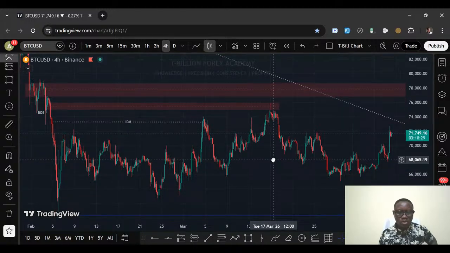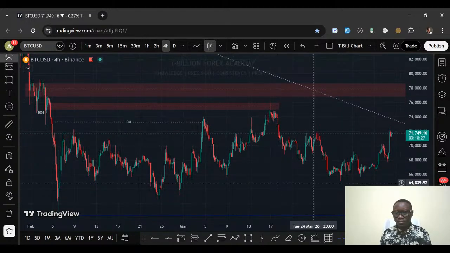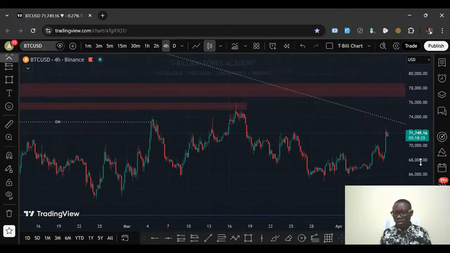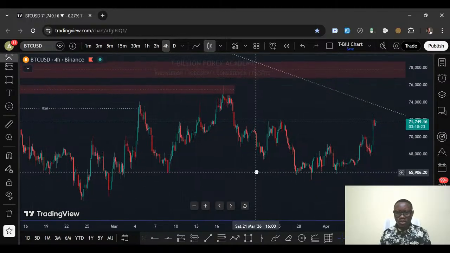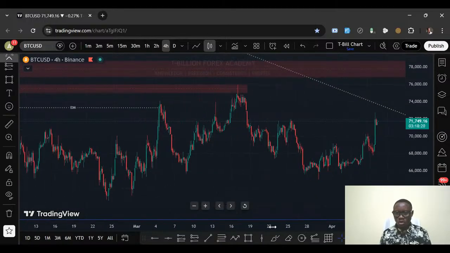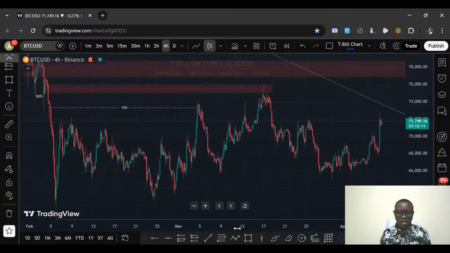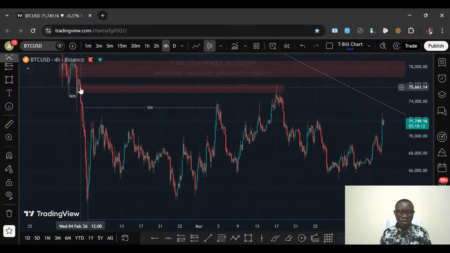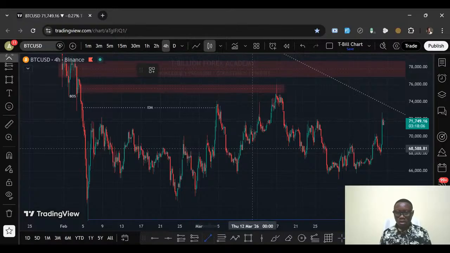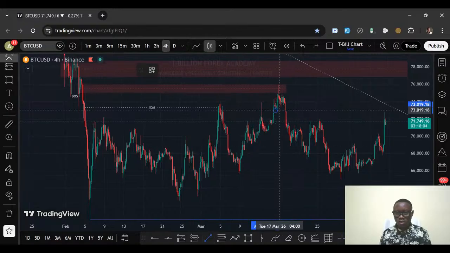So on the 4H time frame, I can see a zone right here. Let's look at the 4H time frame price action. The moment price tapped into this breaker block zone, it gives this market structure shift, which is this right here.